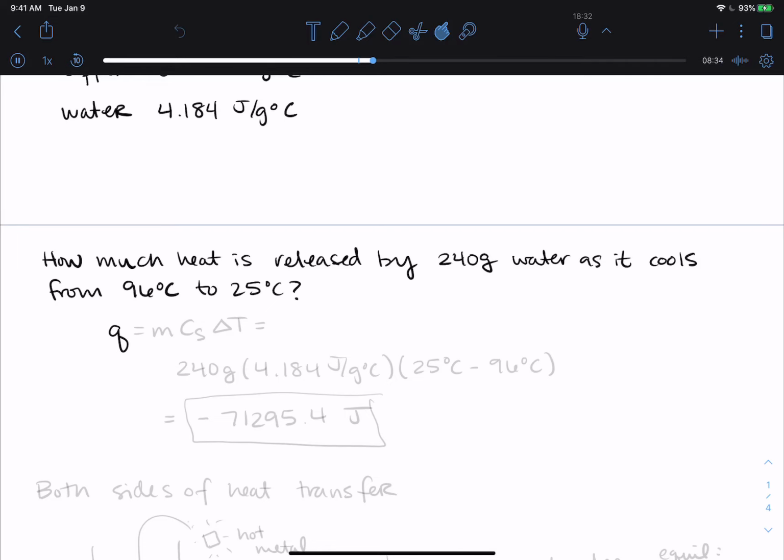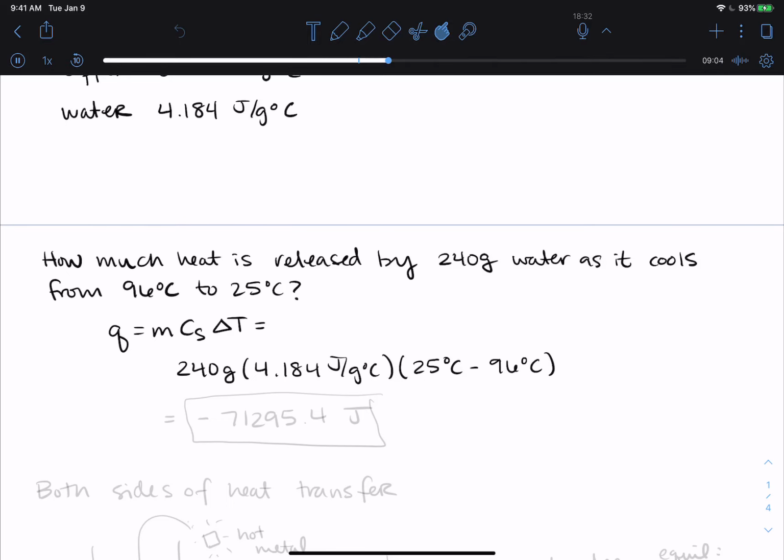So we want to calculate Q, and it is equal to m C sub s delta T. So this is equal to 240 grams times 4.184 joules per gram degree C, and then our delta T, final minus initial, 25 minus 96.